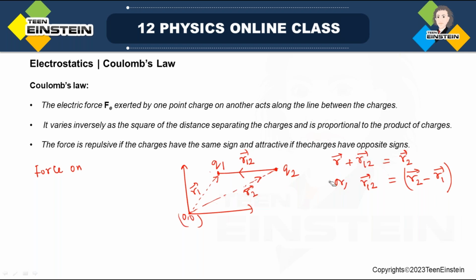Let me go with this so that it will not be a confusion. So it will be R2 plus R12 is equal to R1. So R2 vector plus R12 vector, let us write this to be R21. Better to write R21. So this is R21.